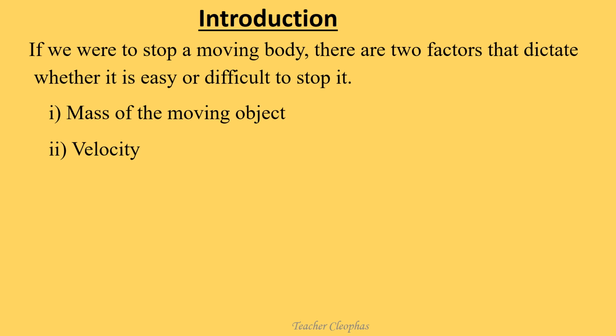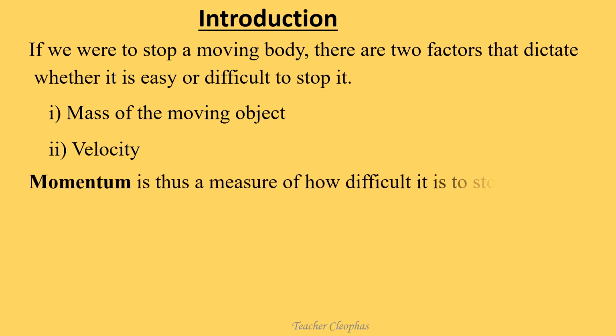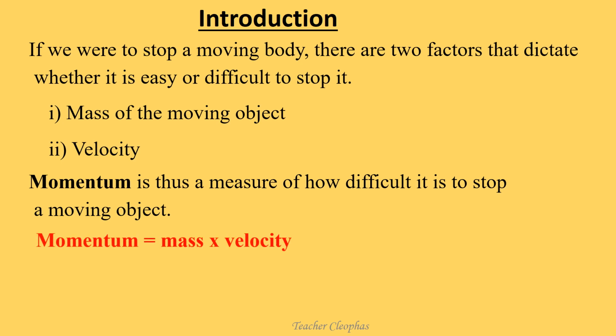So combining the two terms, we would say that momentum is a measure of how difficult it is to stop a moving object. Then mathematically, we can express momentum as momentum equals mass times velocity, which is a very important formula in calculation of momentum.